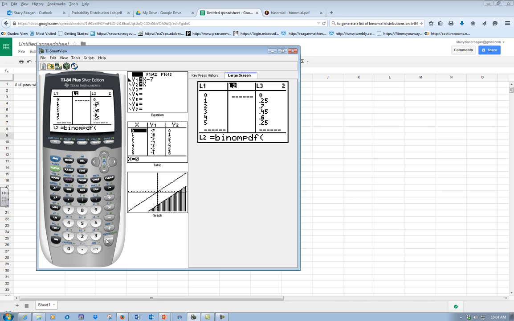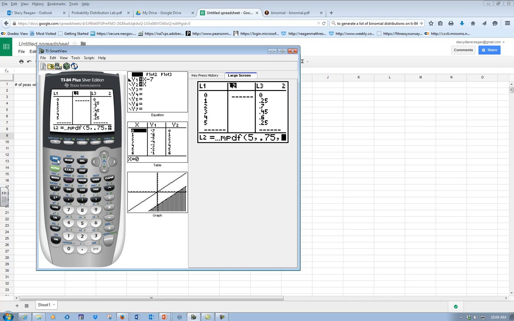And we're going to type in N, comma, P, comma, X. The N in this one, the number of trials, is 5. The percentage in this problem is 75%, the probability of success. And X are all these numbers here because I want the whole list. So I'm going to type L1 right there.